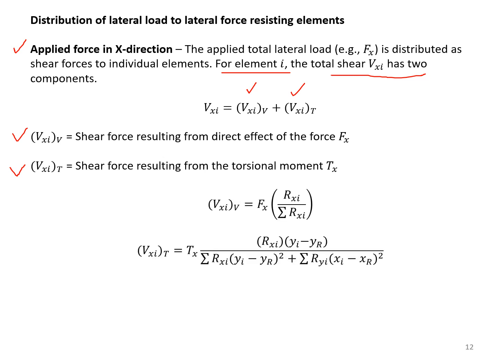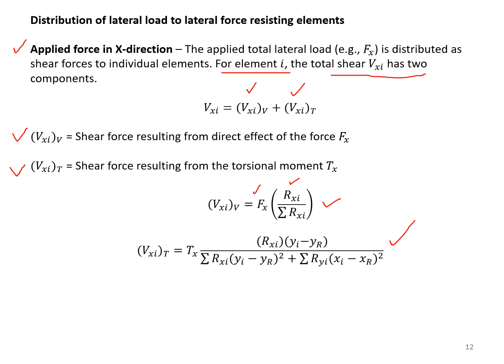Now these are the equations. The direct shear is obtained based on the relative rigidities. For example, for element i, it is the rigidity of element i divided by the total rigidity multiplied by the total force. However, for the torsional effect, we use this equation. If you look at this equation closely, it is very similar to the Mc over I equation.